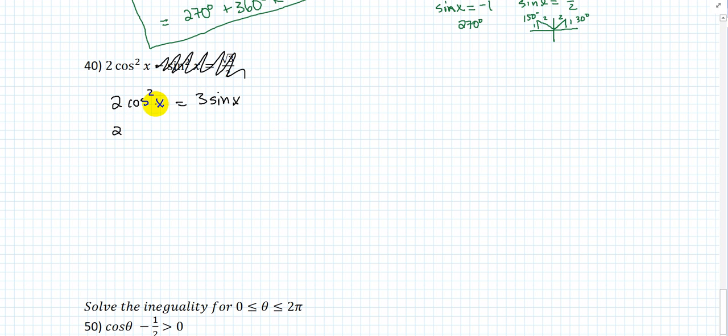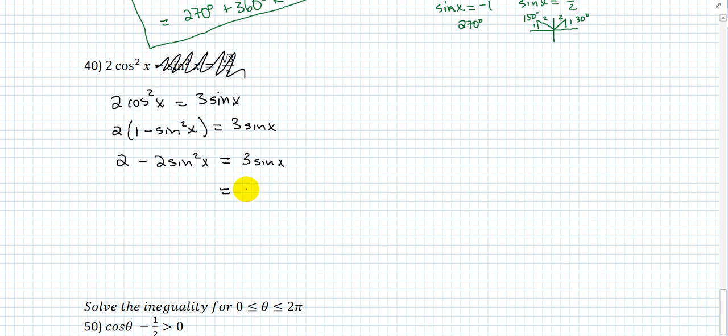I think now, since we have cosine squared x and sine, we're going to go 1 minus sine squared x equals 3 sine x. And then this is going to be 2 minus 2 sine squared x equals 3 sine x. Since everything on the right side will be positive, let's move this over to the right side.